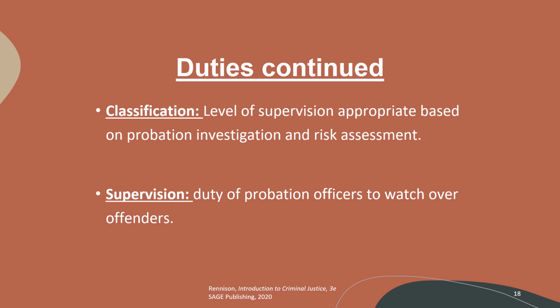It would tabulate all of your inputs and tell you what risk level that offender should be supervised at. And then supervision is one of the largest duties of the probation officer. Supervision is the duty to watch over the offender.